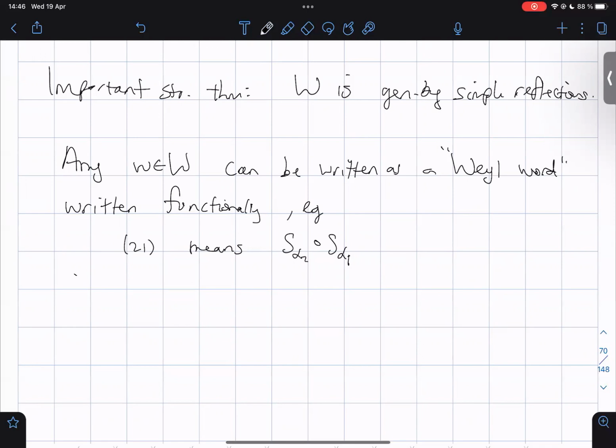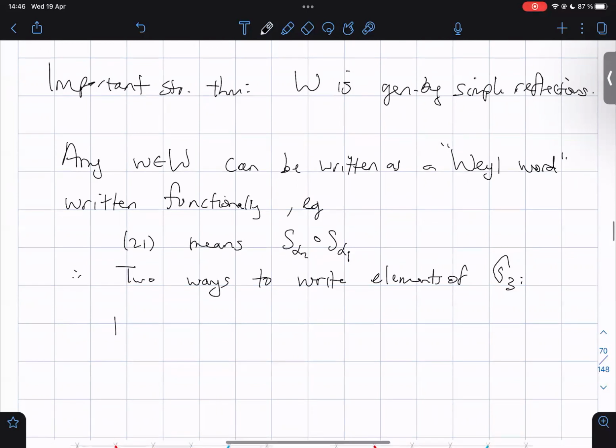So two ways to write elements of S3. As a permutation notation, we have identity, (1 2), (2 3), (1 3), (1 2 3), (1 3 2). That's what we've used so far.